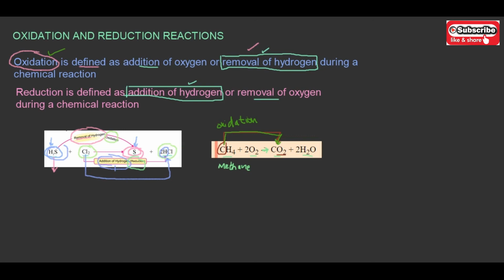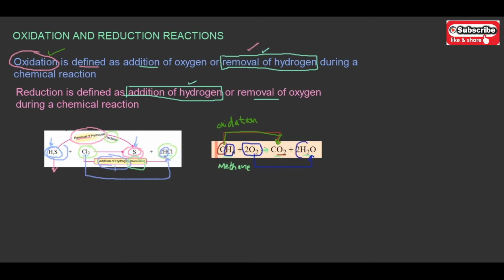But once you look in terms of hydrogen, while looking at the other reactant, that is oxygen, this oxygen atom on the reactant side is alone, but on the product side it is bonded to what?